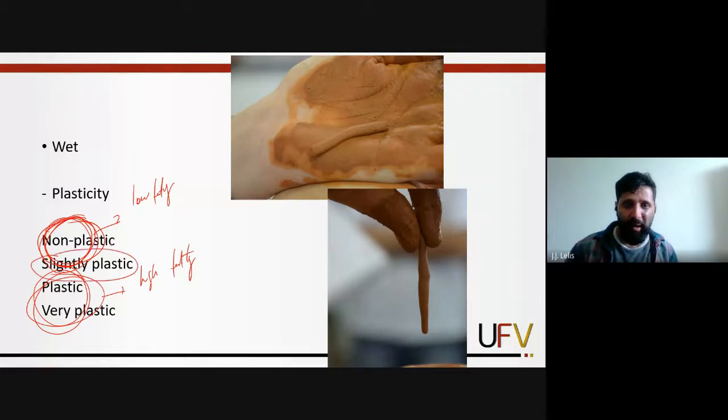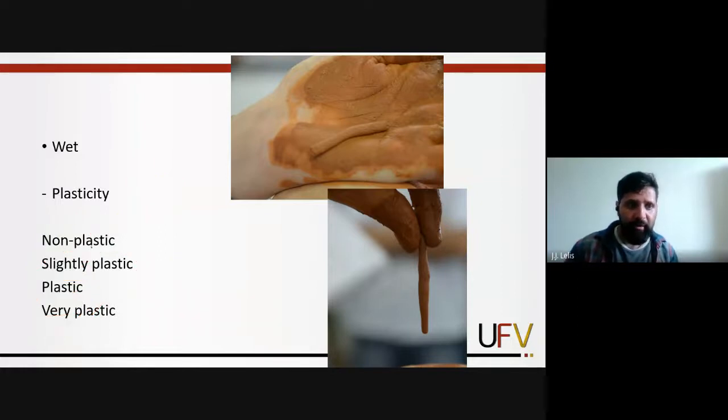It's not so plastic, so compaction is not so easy. If you try to use some tools, you can compact the soil if you have a plastic or very plastic consistency. So if you have this consistency in wet conditions, it could be better. And if you have dry conditions, maybe this could be better.